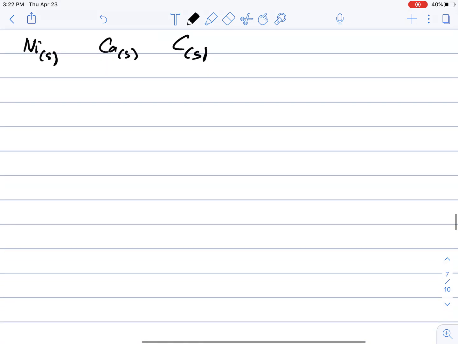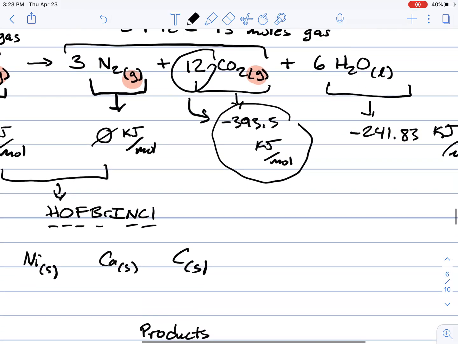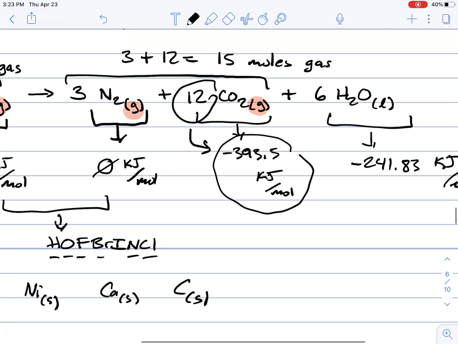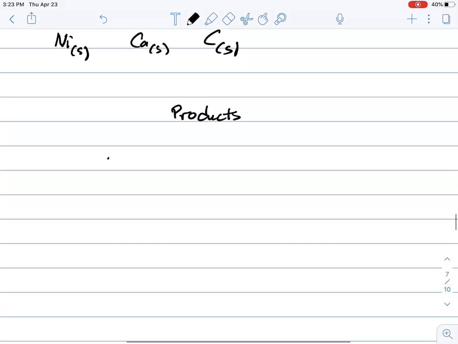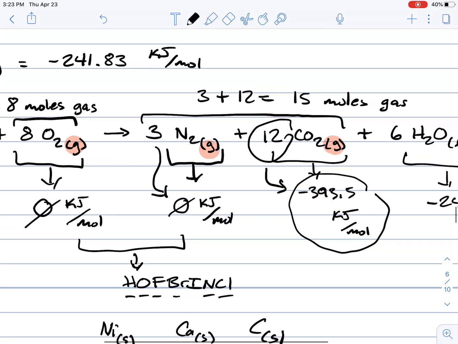So let's go ahead and look at the products real quick. For the products, we have 3 times 0. When you put in 3, there's actually a unit attached to it. So what is the common unit that describes a coefficient in a balanced chemical equation?